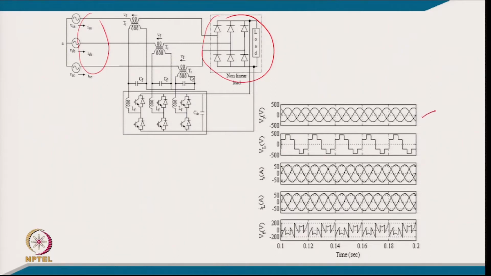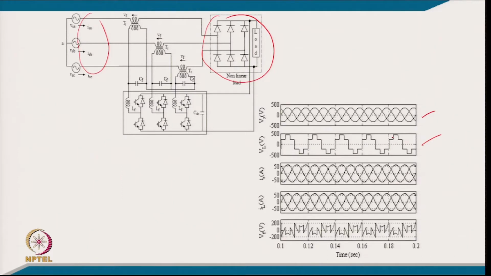If we consider the supply voltages to be 3-phase balanced sinusoidal, then the voltage at the point of common coupling comes in this fashion, because we are forcing sinusoidal current in all three phases. So, the conduction of the diode is similar to the 180 degree mode of operation of a three phase inverter. Whatever the output voltage of a three phase voltage source inverter, a similar waveform is achieved here for the phase voltage.